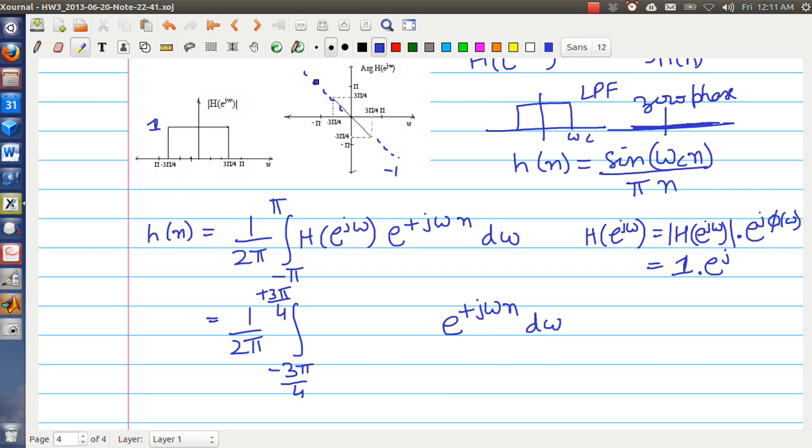So the equation for this line would just be −ω, right? So the frequency response, written as a complex number by combining the magnitude and the phase, is e^{−jω}.